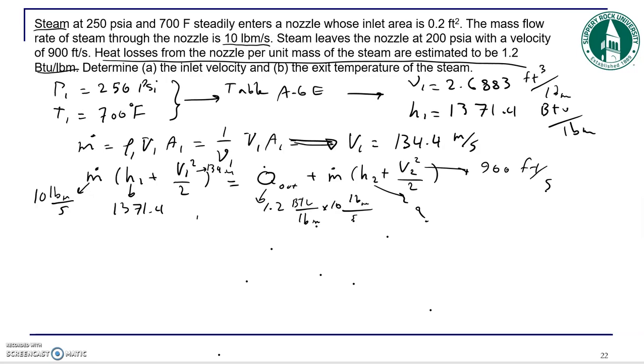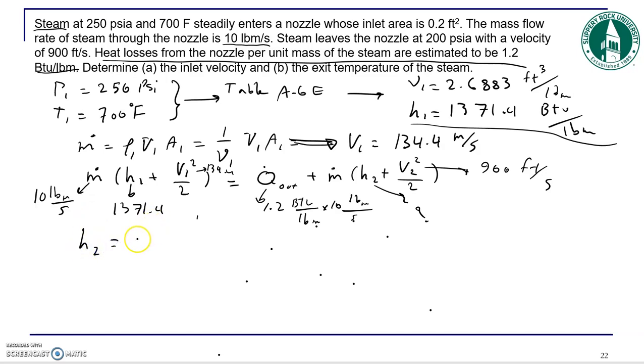So you can use the conversion factor from BTU to whatever unit you want to convert every single piece of information that you have from here. Your H is in BTU per pound mass, which is okay, so all the units are going to be the same, right?